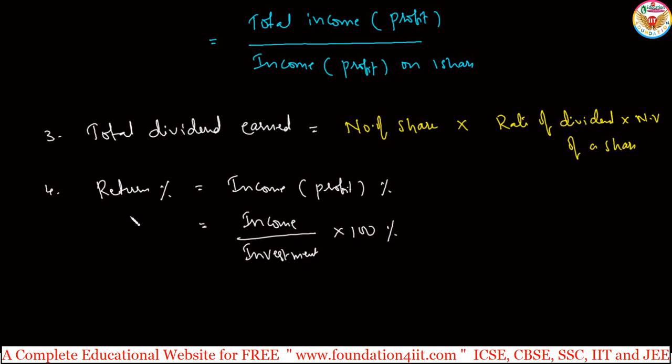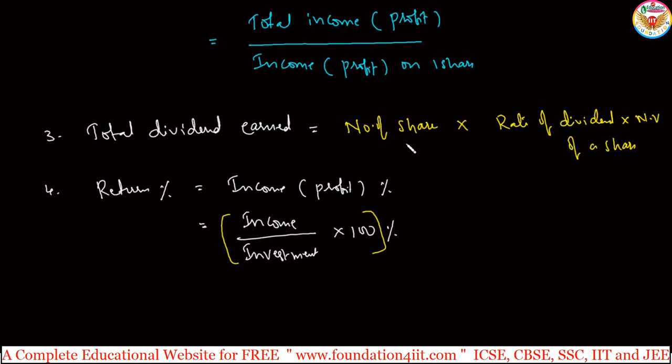Rate of return is total income by total investment into 100, that is the return percentage. For shareholders, income is equal to return, that is equal to profit, which is the dividend paid by the company. So just these four you can remember. If the return percentage is asked, income by investment into 100 to convert into percentage.